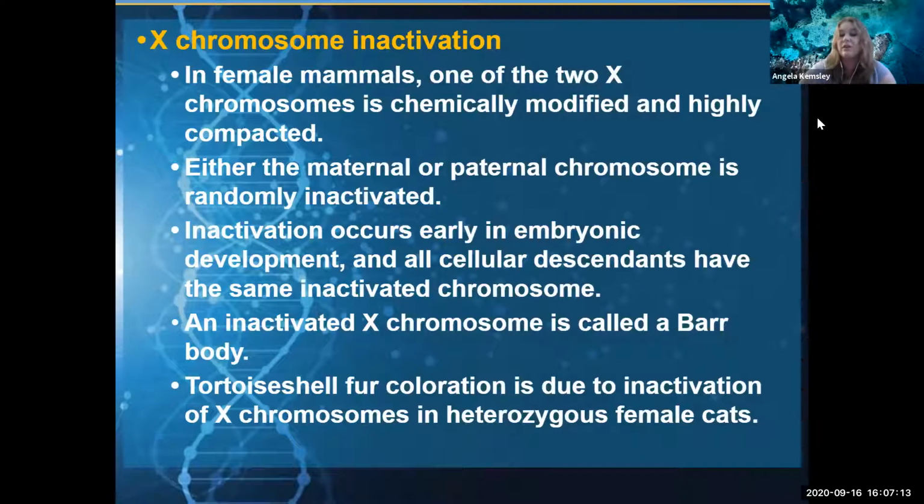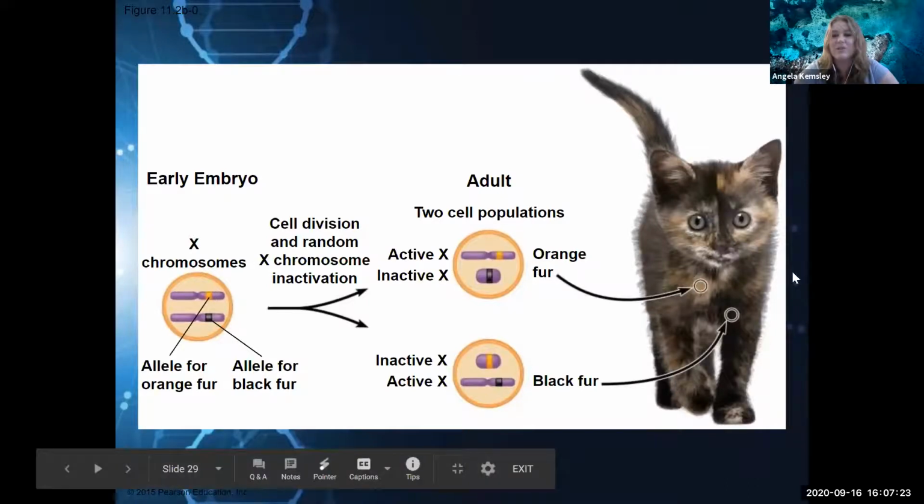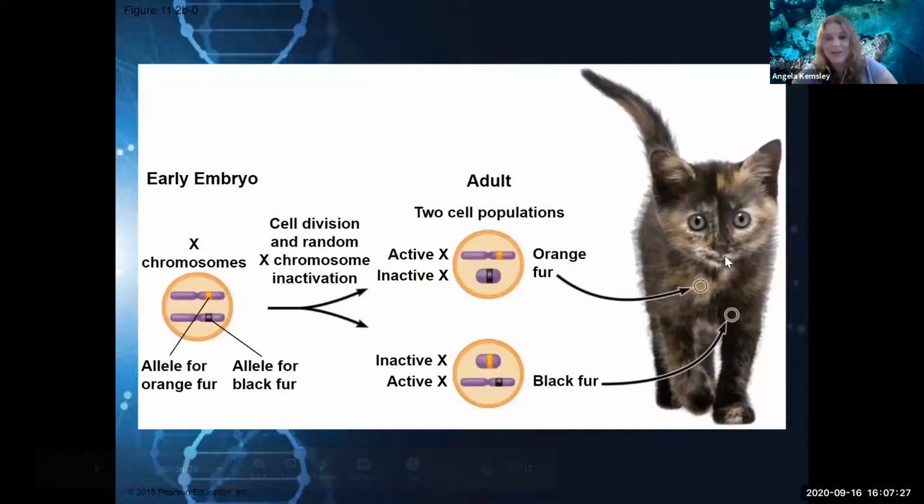Tortoiseshell fur coloration in cats is actually due to inactivation of X chromosomes in heterozygous female cats. So this is what a tortoiseshell female looks like. You'll notice there's black and brown. The reason that they have that coloration is because of this. We have 1 chromosome with the allele for orange fur, 1 chromosome with the allele for black fur.